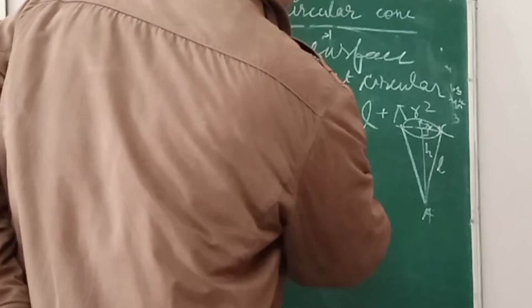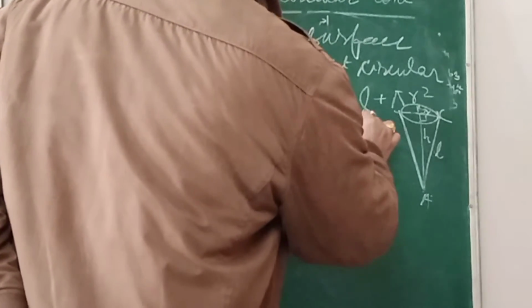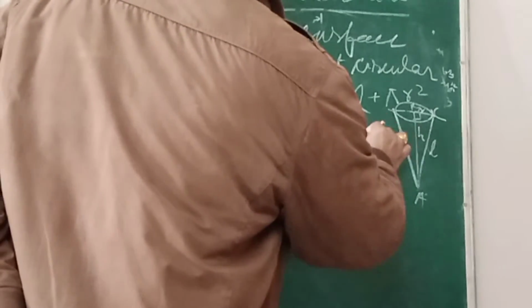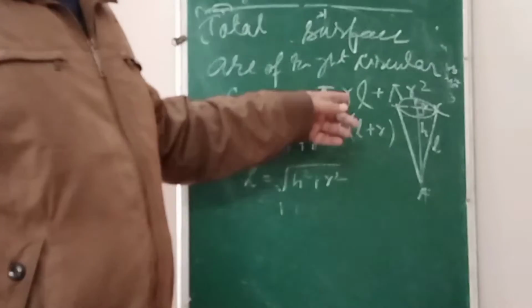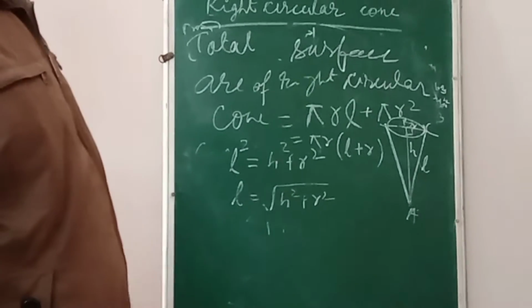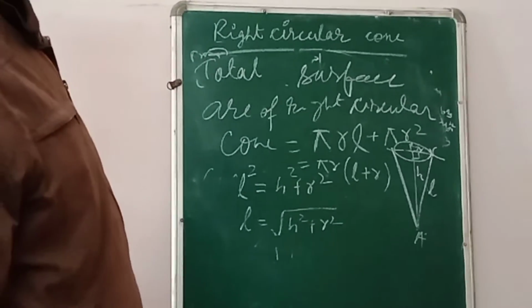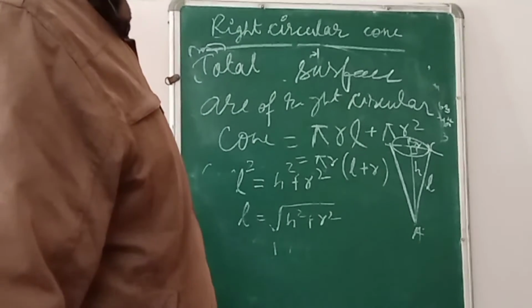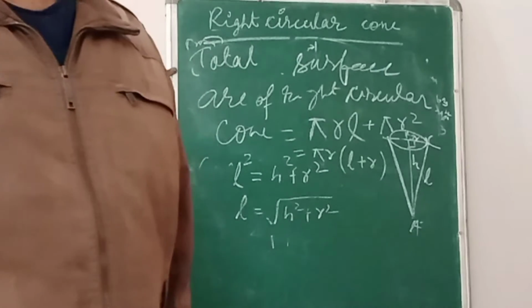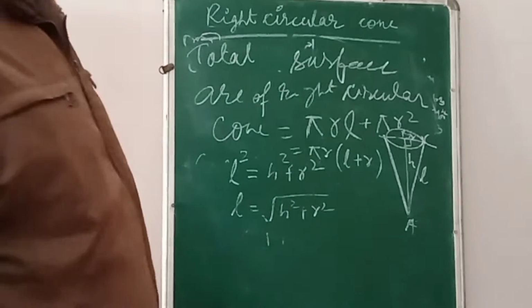We can write it, if we take out pi r as common, this is pi r into L plus r. In this way also we can write. It hardly matters. The way we write, it is up to us how better we understand things, we should write in that way only.